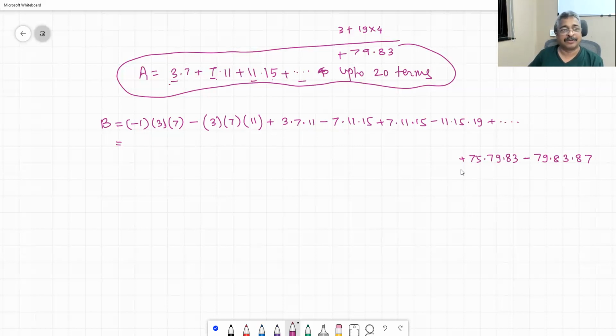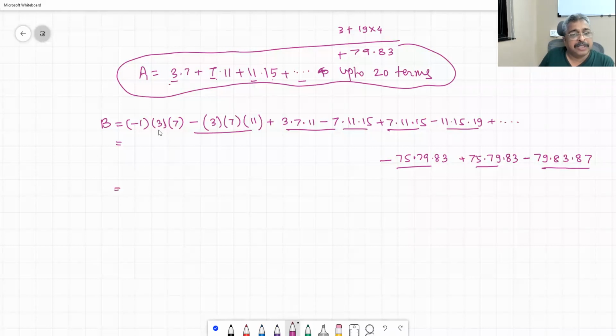I am showing magic, observe a little. Now this is minus 75 into 79 into 83. I am just subtracting this, adding this, the same term. Subtracting, adding, the same. I am doing it deliberately.